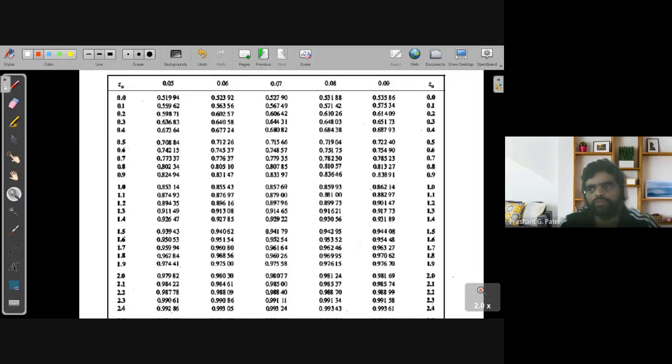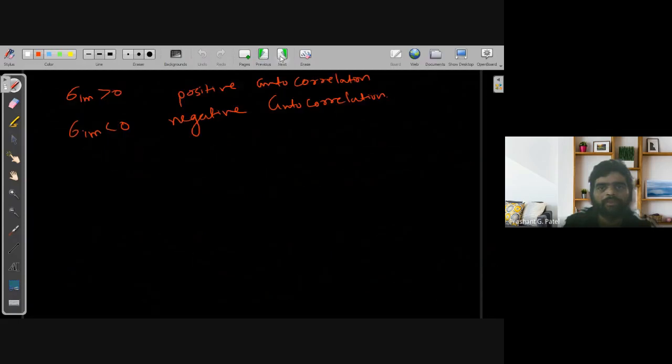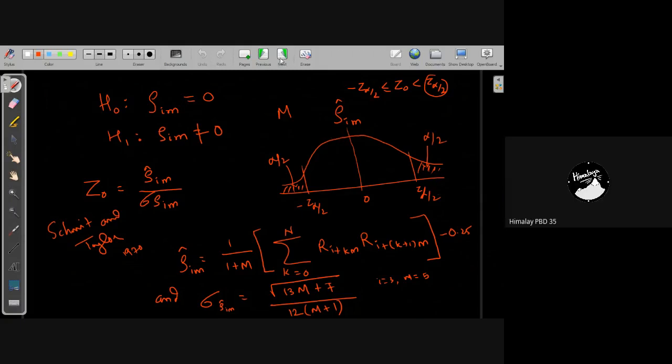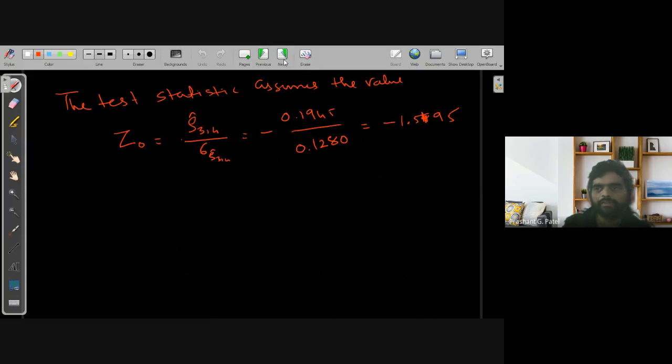So alpha is 0.05, but we have to look at alpha by 2, because as per the situation I am explaining, this portion we have to look at. So at the significance level, Z of 0.025 we have to look into the table.